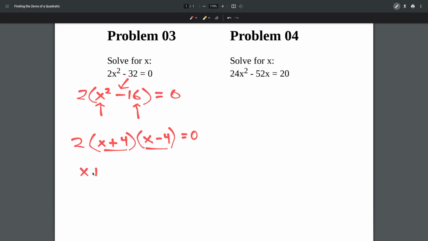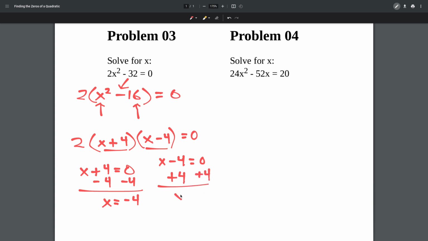So if I say x plus 4 equals 0, I'm going to subtract 4 from both sides, and I'm going to get x equals negative 4. Here, I'll set x minus 4 equal to 0, I'll add 4 to both sides, and x will be equal to 4. So x equals negative 4 and x equals 4.